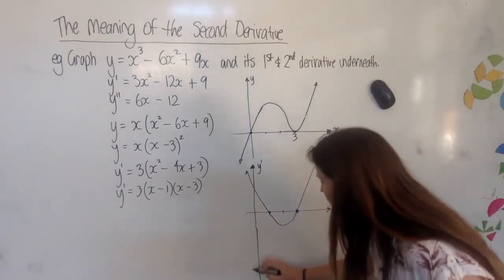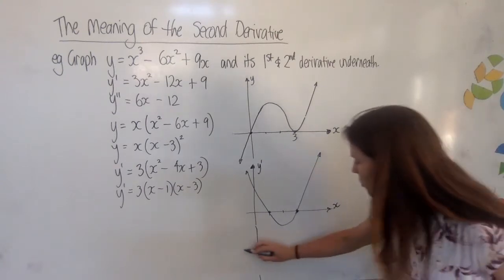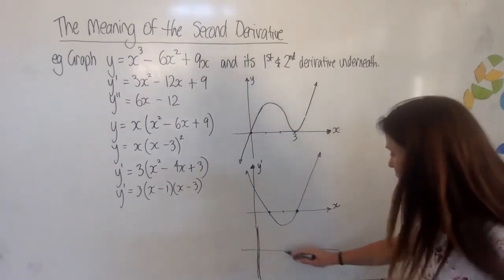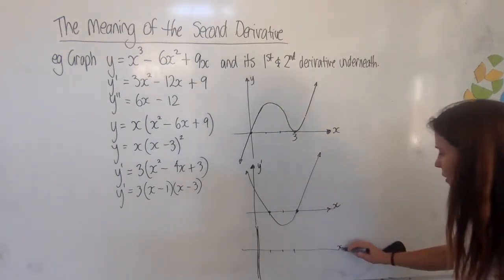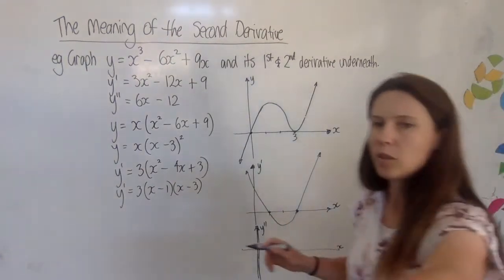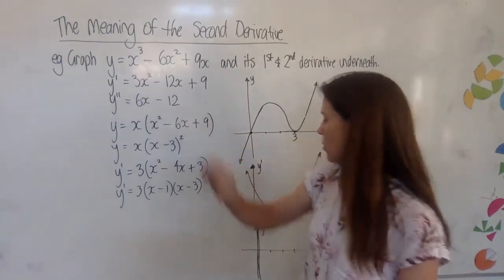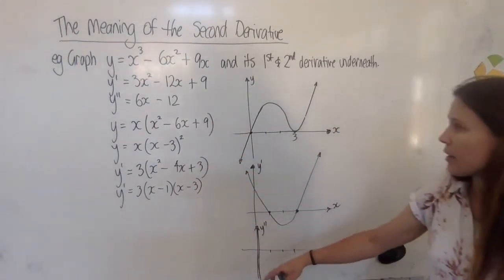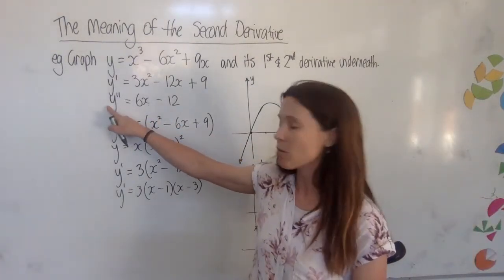Now when I go to graph, well, I'm going to need actually a bit more space. I've sort of run out of board. I might need to use a slightly different scale on my y-axis, but I can use the same scale on my x-axis. Here I've got y double dash on the y-axis, and I'm graphing y double dash equals 6x minus 12. So it's got an intercept way down at minus 12, and if I want to find where the x-intercept is, let y double dash equal 0.